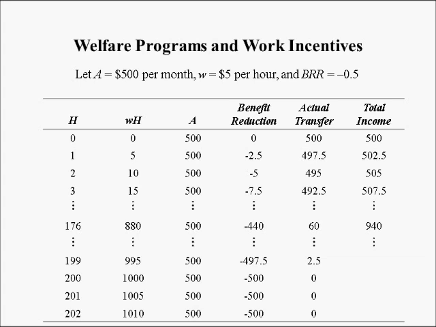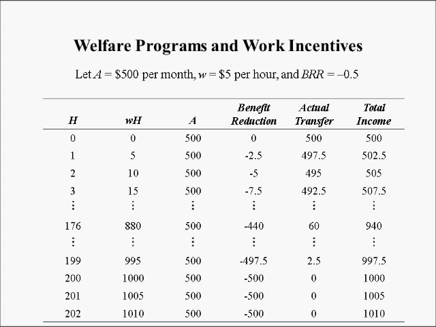If you worked 176 hours, your earnings would be 880. Your actual transfer would be 60. So your total income would be 940. If you worked 199 hours in a month, your earnings would be 995, your actual transfer from government would only be $2.50, and your total income would be $997.5. From that point on, your total income is just your earnings.